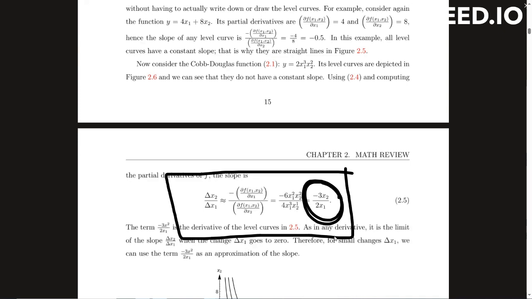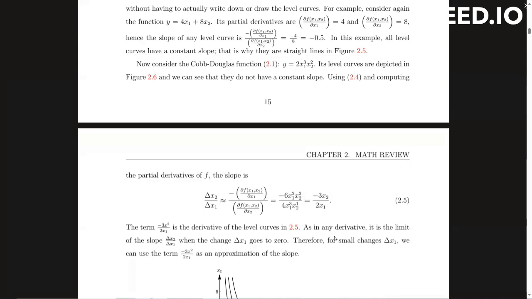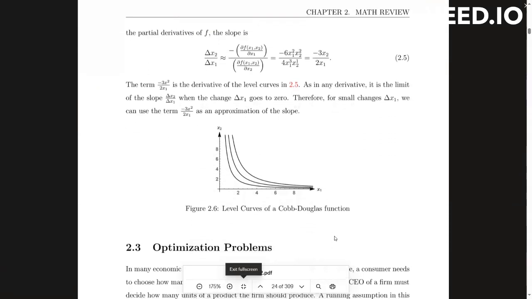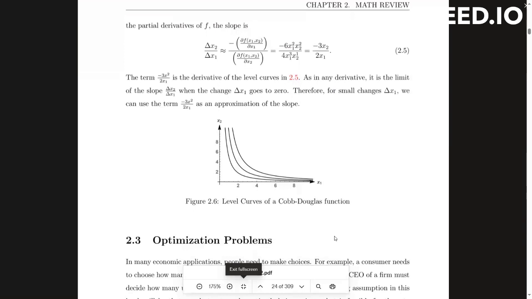That's going to be an equation for the slope of all the contour lines. So it's actually a really cool understanding. I don't mean to dwell, but this equation gives us the slope. You just do one partial derivative divided by the other, the negative of it. We can read this if we want to right here. They just give us the contour lines of the Cobb-Douglas. Then we move into 2.3 optimization.